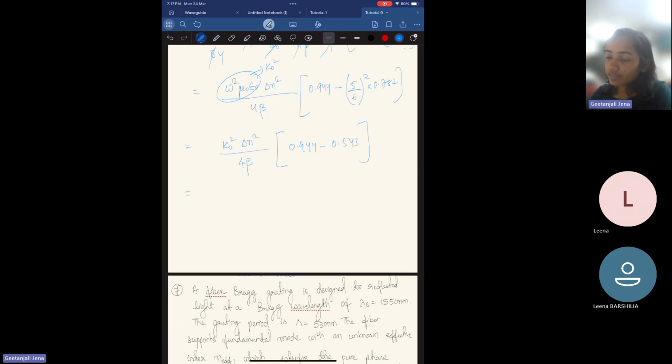Now to simplify it further, delta n square is nothing but sigma. Sigma, if you recall, is 2 n1 delta n. And beta you can write as k0 n effective, multiplied by 0.401.